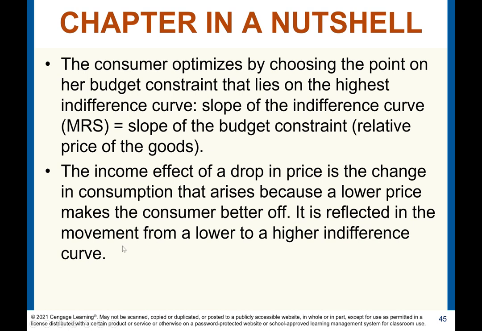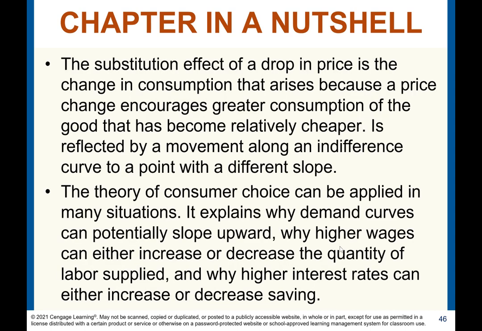It is reflected in the movement from a lower to a higher indifference curve. The substitution effect of a drop in price is the change in consumption that arises because a price change encourages greater consumption of the good that has become relatively cheaper. It is reflected by a movement along an indifference curve to a point with a different slope.